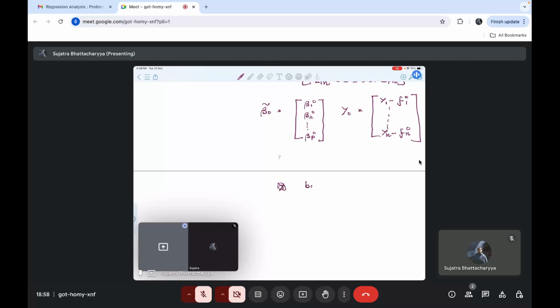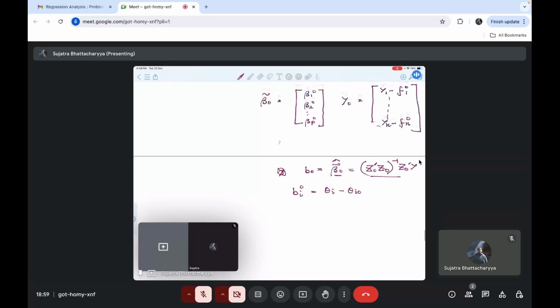Write this as b naught, or beta naught tilde hat, which is Z naught transpose Z naught inverse, Z naught transpose y. This is how we find the estimates. This is the first estimate based on the zero values, the initial values. So b i of 0 is nothing but theta i minus theta i 0, because it is nothing but beta naught.